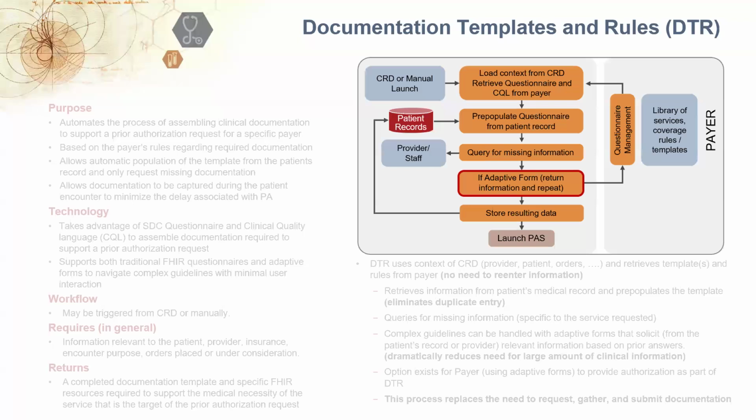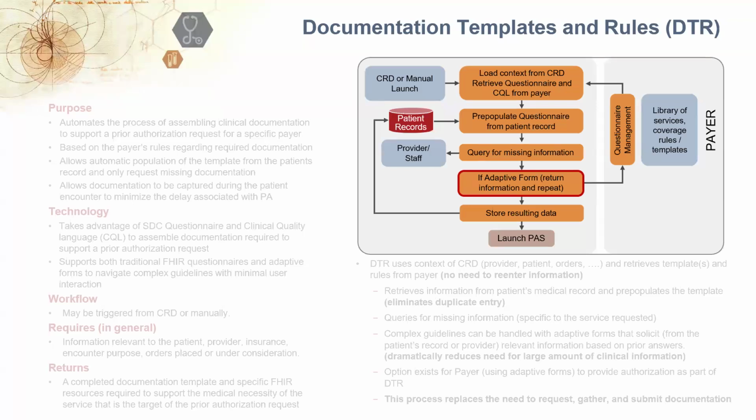Now, some of you may have caught me talking about standard versus adaptive forms earlier, or standard versus adaptive questionnaires. If you're not familiar with that, and again, DTR is built on structured data capture, which is its own implementation guide. Adaptive forms are very different than standard. Standard is what most people would think of when they think of a questionnaire, which is a long set of questions and some internal logic to say, if you answer this one, you don't need to answer that one, and so forth and so on.